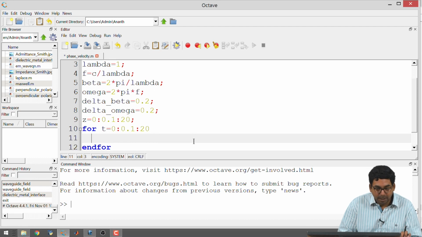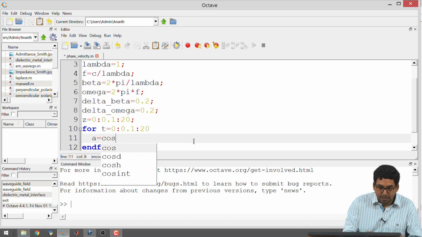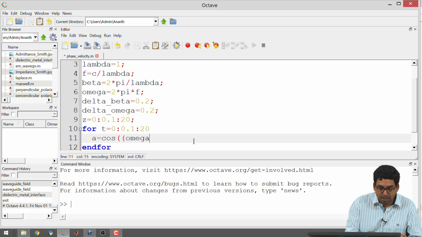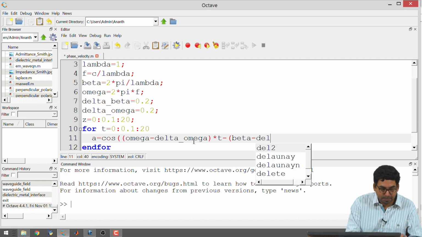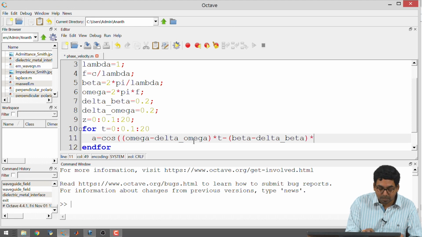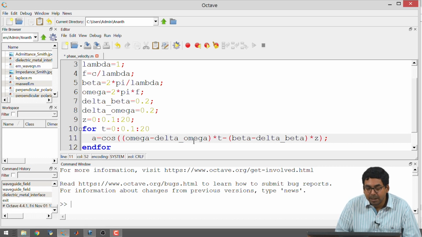Okay. So, I am going to write down the expression for the first wave that I am using. I am going to call that wave as A, and I have cos omega minus delta omega multiplied by t minus beta minus delta beta into z.